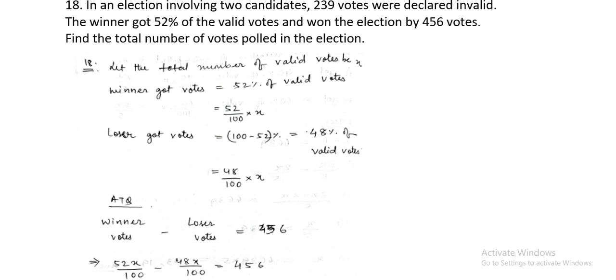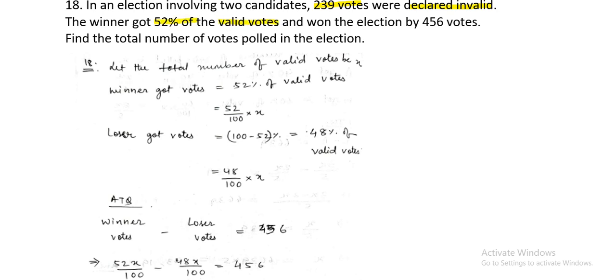What is there in question number 18? In an election involving two candidates, 239 votes were declared invalid. Now what is invalid? Invalid means some votes were wrongly given. So those votes are invalid, means they will not be counted. Okay. Now the winner got 52% of the valid votes.